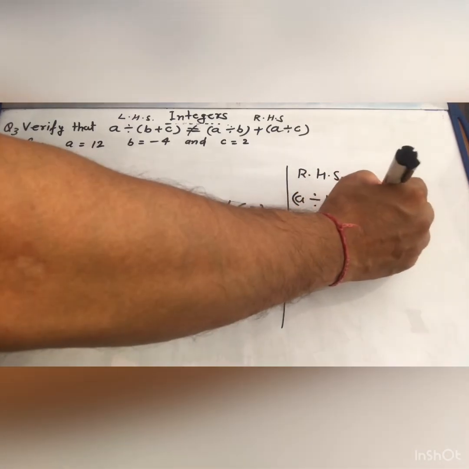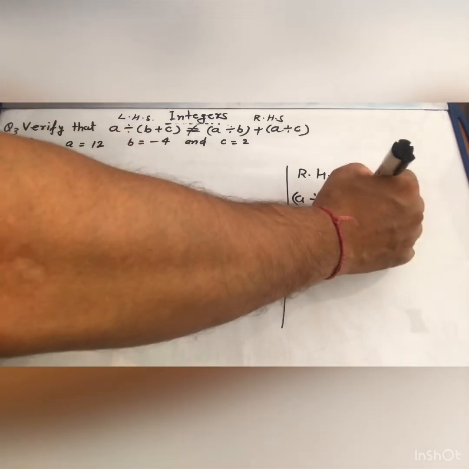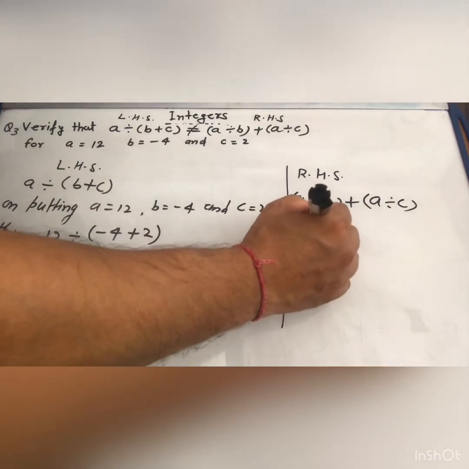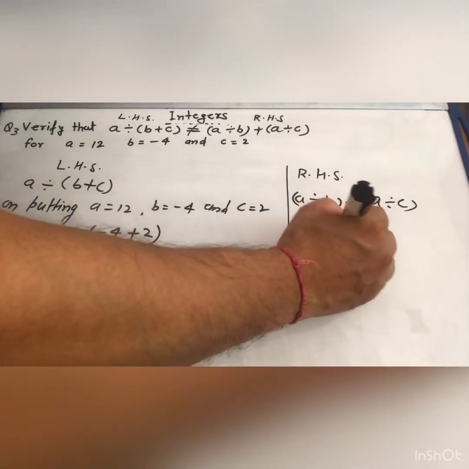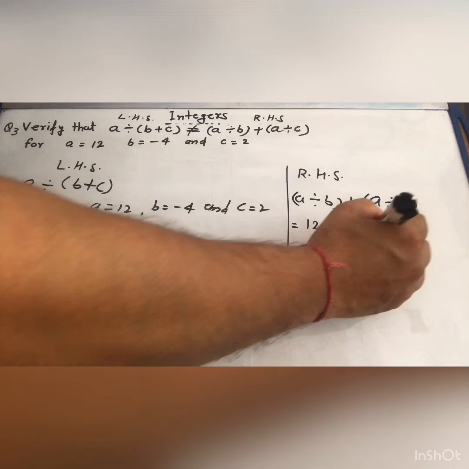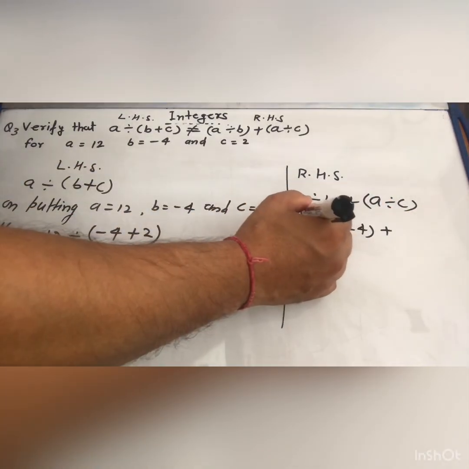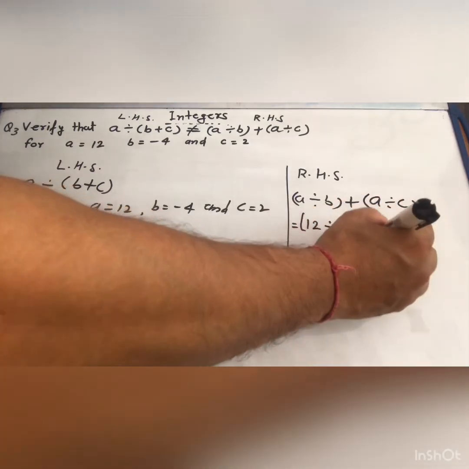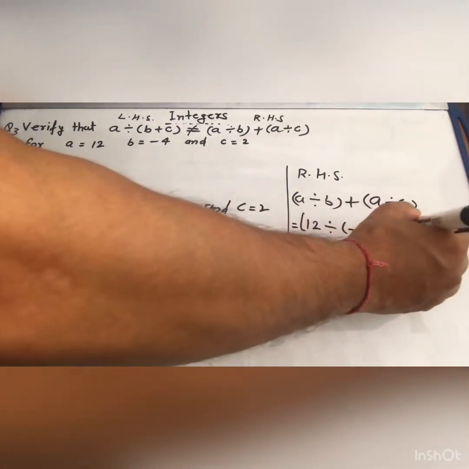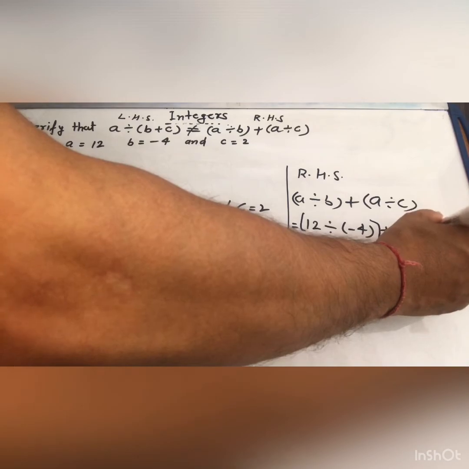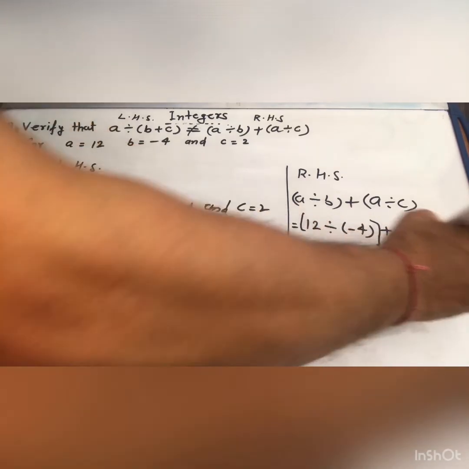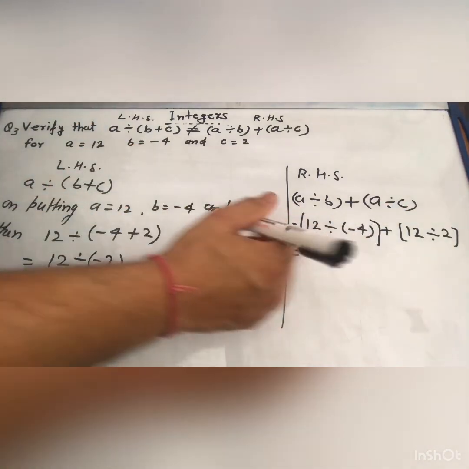Now we have to take right hand side, and right hand side is A divided by B plus A divided by C. So again you put the values, A means 12 divided by B means -4, and plus A divided by C, that is 12 divided by C means 2, each in brackets. So what you get?